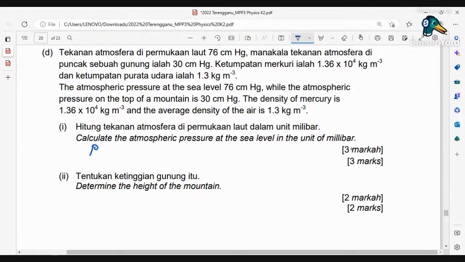Using the formula P equals to hρg. 76 cm mercury means the height is 0.76, density of mercury, g is 9.81. Okay.